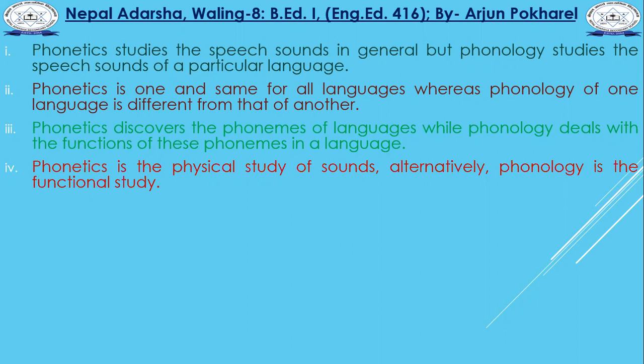How does this sound function in the Nepali language, and how does this sound function in the English language? Ka is found almost everywhere in all the languages, but let's say aspirated kha is found in the Nepali language, but not in the English language.